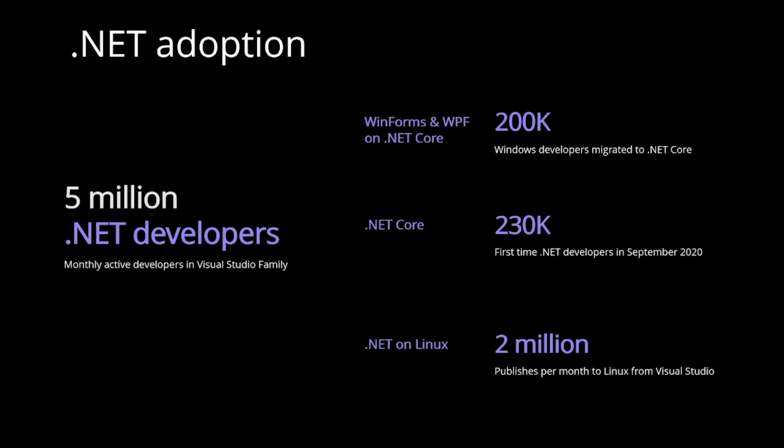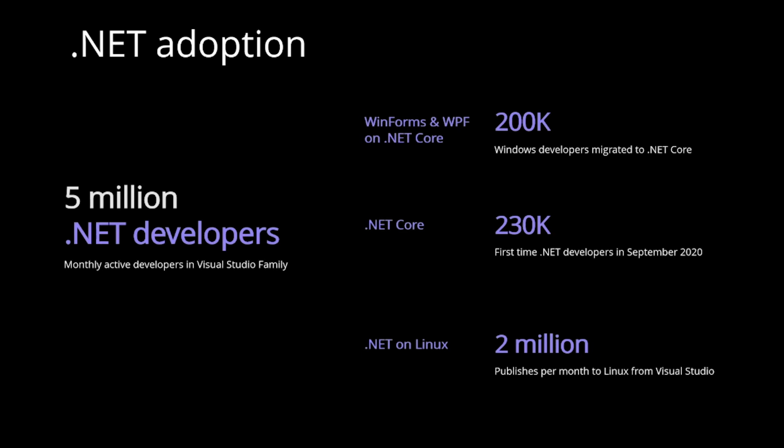Also to highlight, there is a significant number of Windows developers, 200,000, who moved to .NET Core from .NET Framework, and the team is expecting to accelerate when .NET 5 is announced. So you can see tremendous growth in the space of Windows desktop developers moving to .NET Core, and right now they are starting with .NET 5.